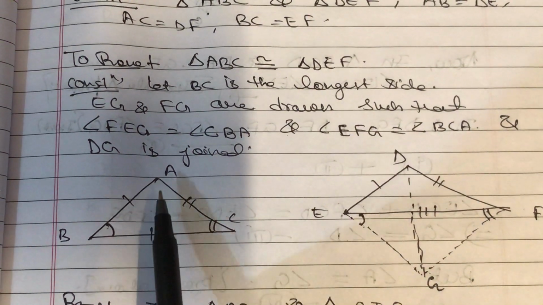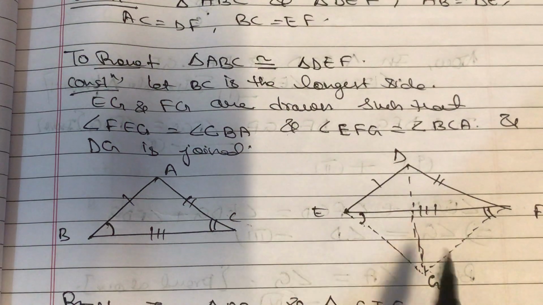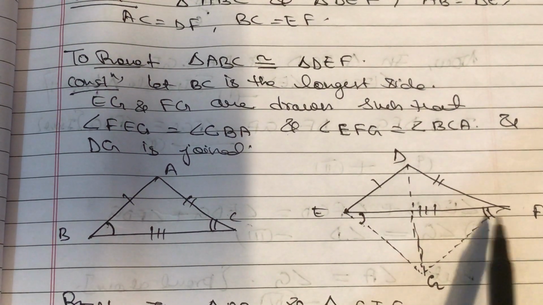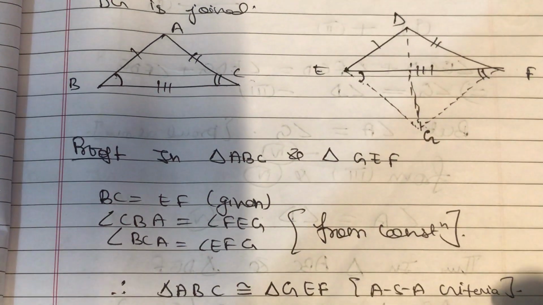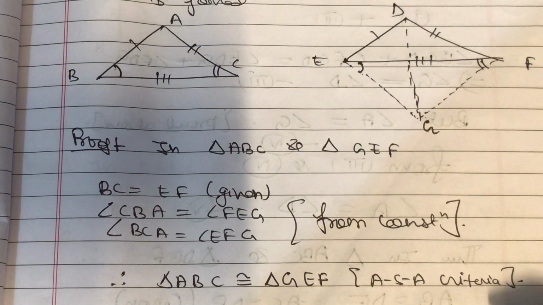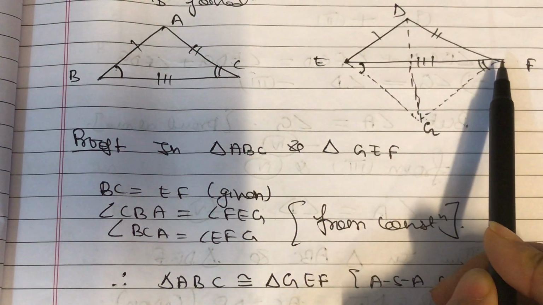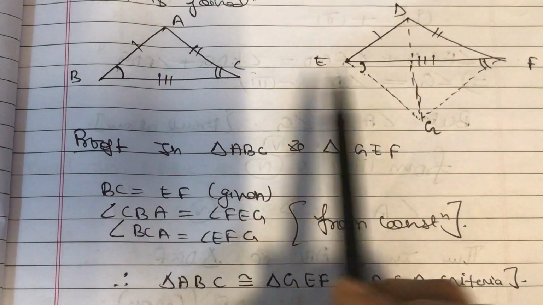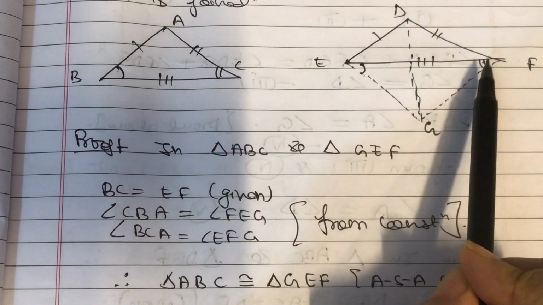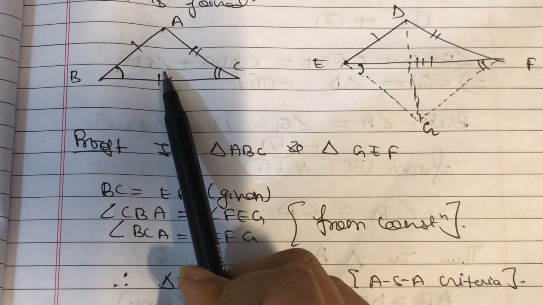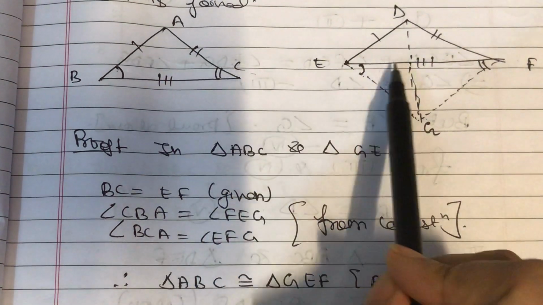Now in triangle ABC and in triangle GEF, this angle is equal to this angle, and this side is equal to this side, already given, and these are from construction.